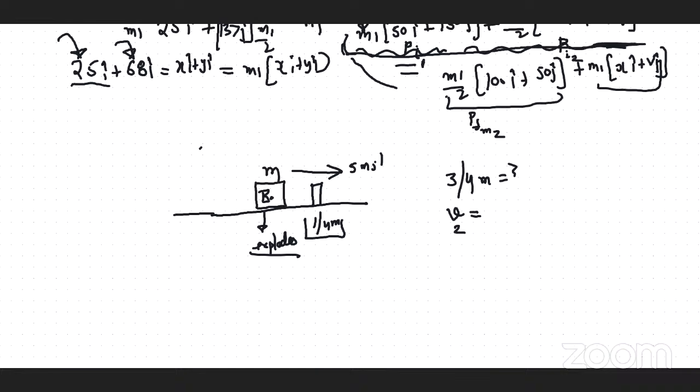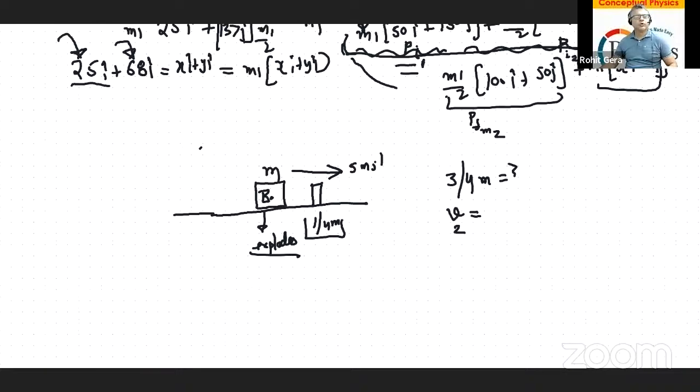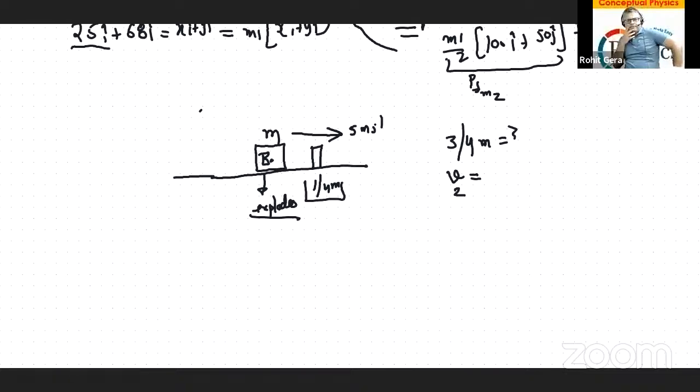If it is at rest, then its momentum should be zero, I guess. Okay. Write it. The initial momentum of the system, and then it exploded.